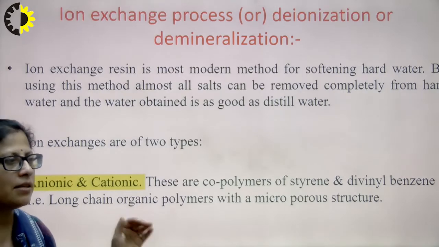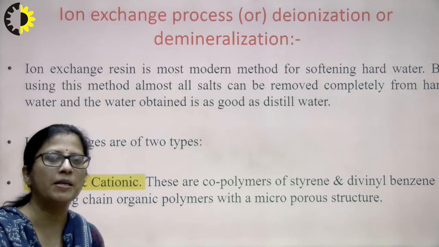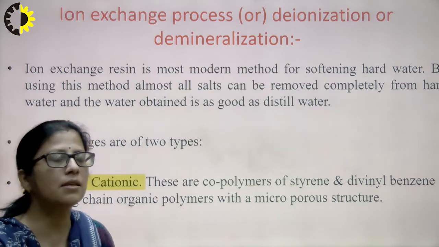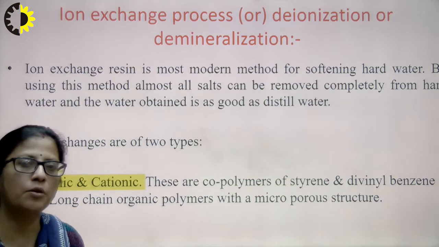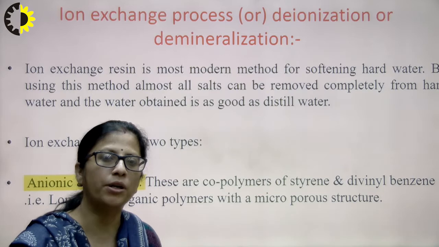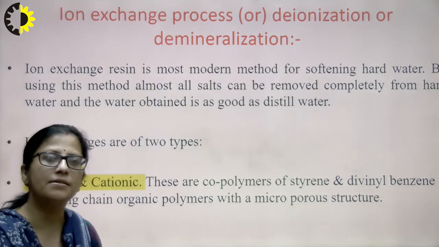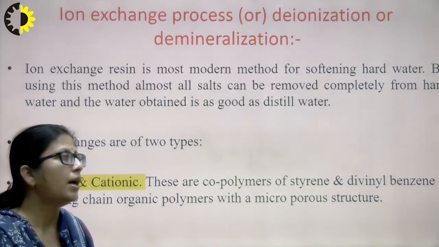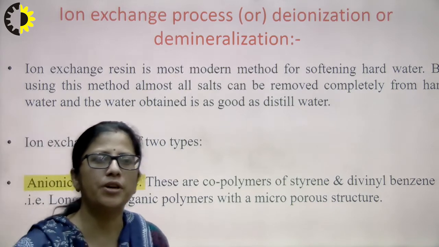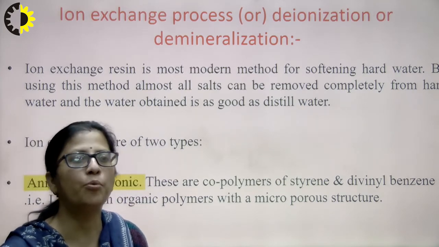Because after passing hard water through this process, there will be no ions present in water, therefore deionized water will be produced, and since there are no minerals also present in water, this water is also known as demineralized water and the process is therefore known as demineralization. So, ion exchange process. Now, the ion exchange resin is the most modern method for softening of hard water.